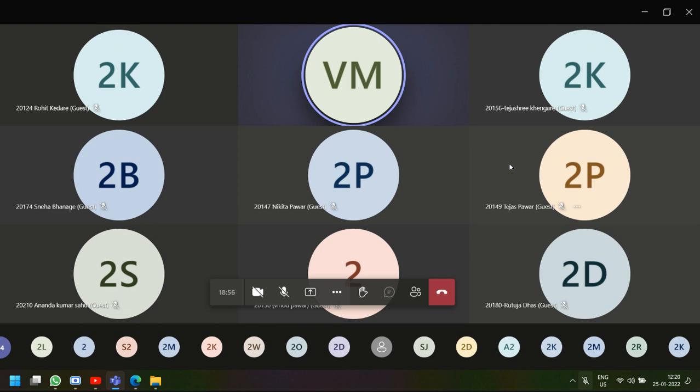Then it comes to a concept where, on the basis of regions or continents like Asia, Africa, your companies are now divided.